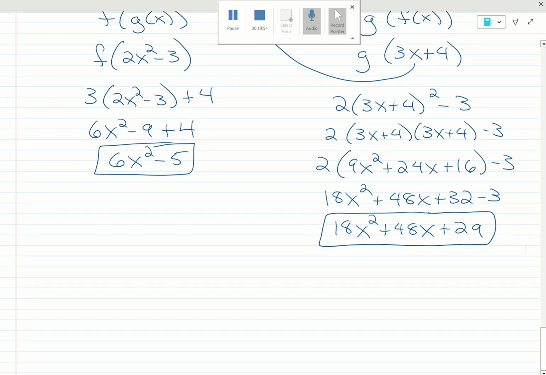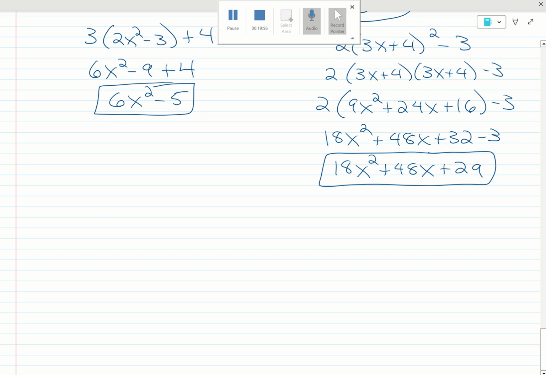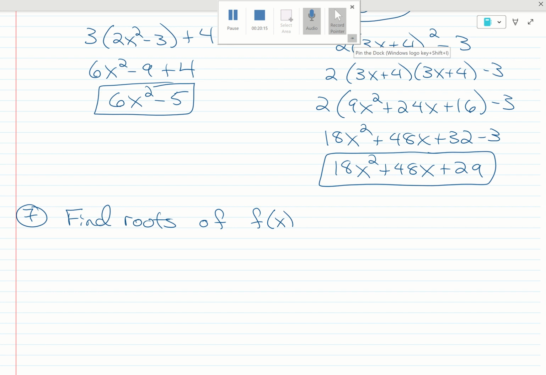Alright, moving on. Problem number 7, we want to find the roots. And we're going to want to use the location principle for this problem. So let's go ahead and find the roots of, let's say, f of x is equal to 2x to the fourth minus 5x to the third plus 3x plus 1.